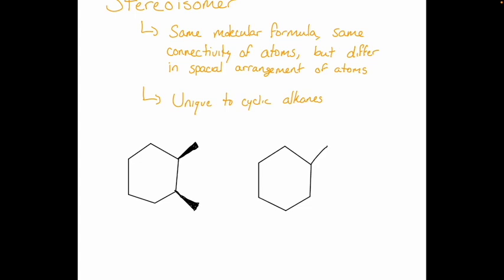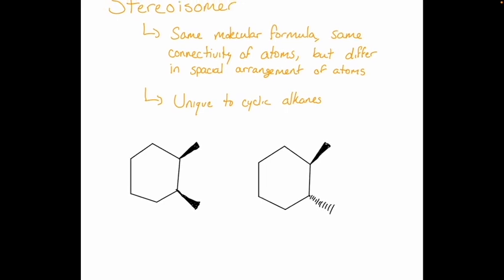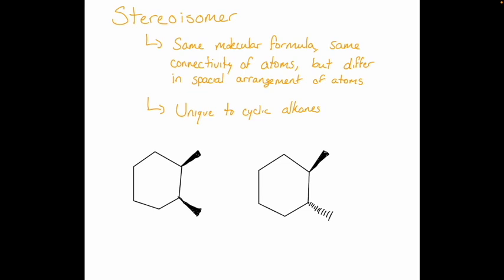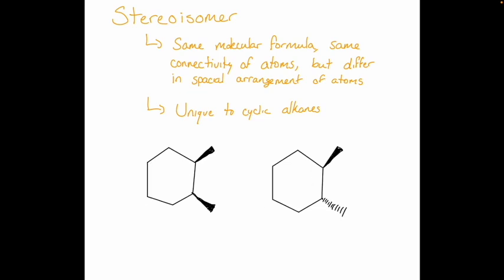The other one has one wedged bond, but one dashed bond. Okay, this would be a pair of stereoisomers. All right, let's just focus on one here. Everybody take a second and name that left molecule for me.